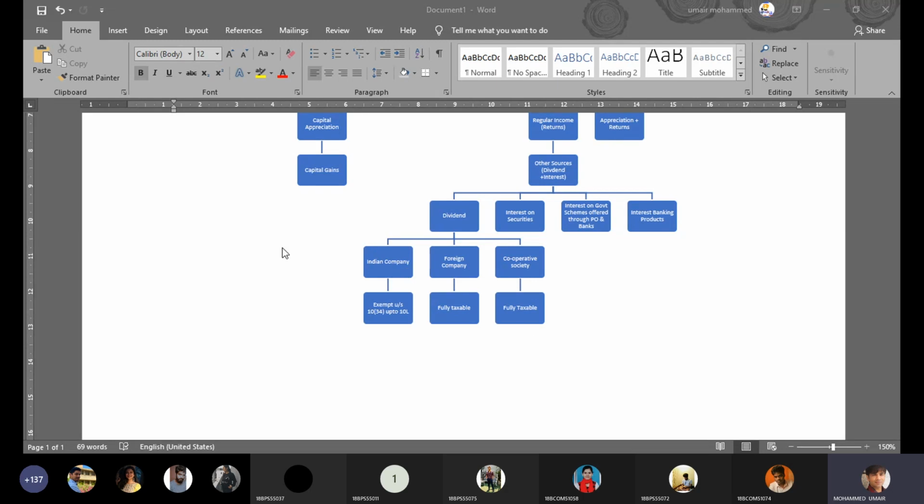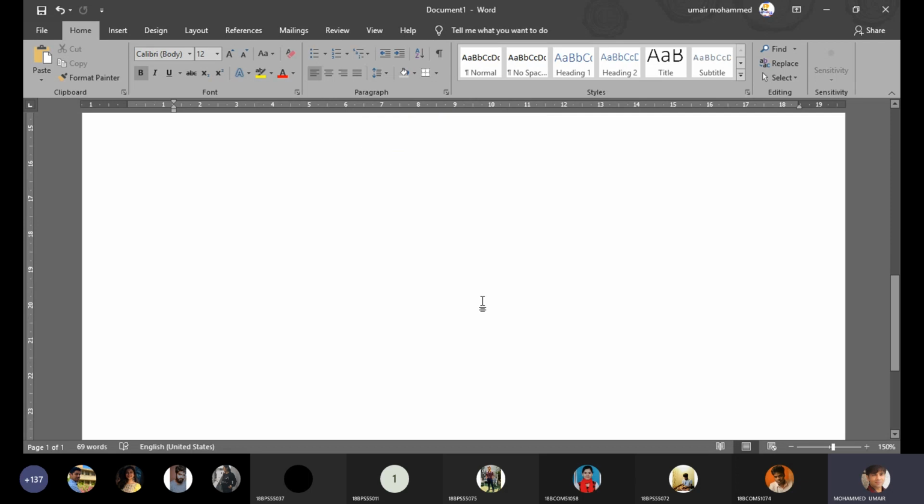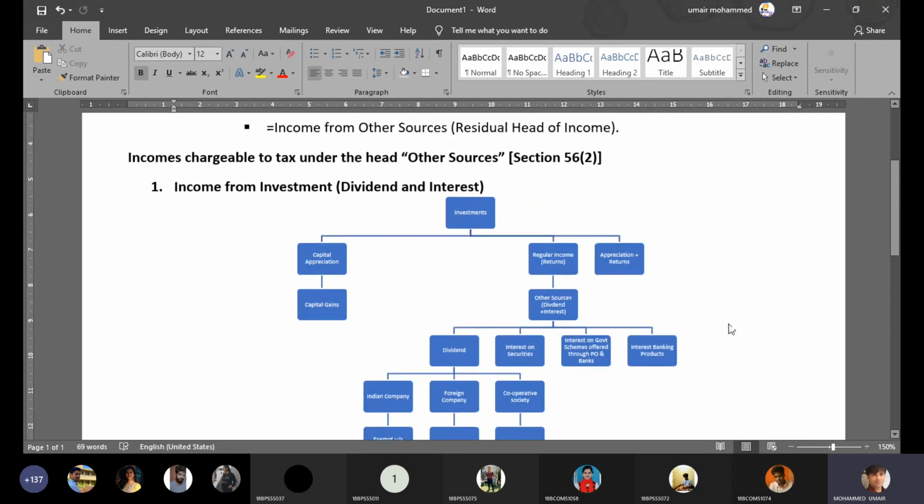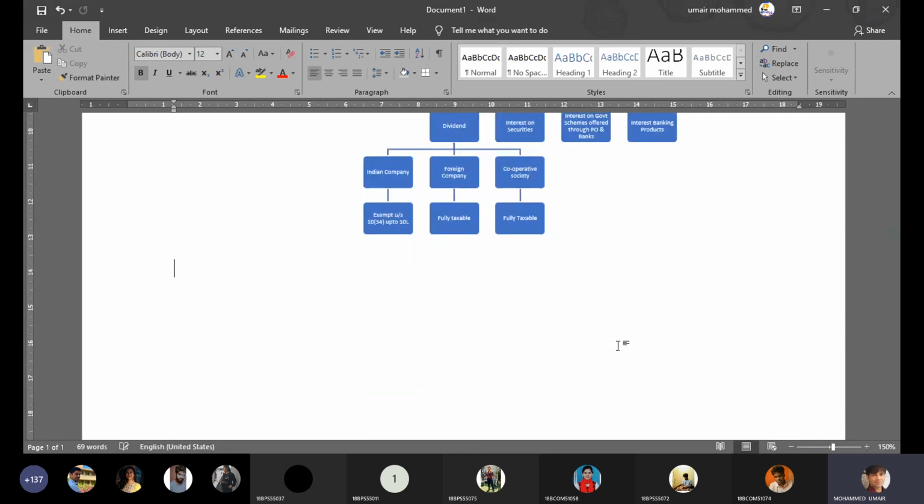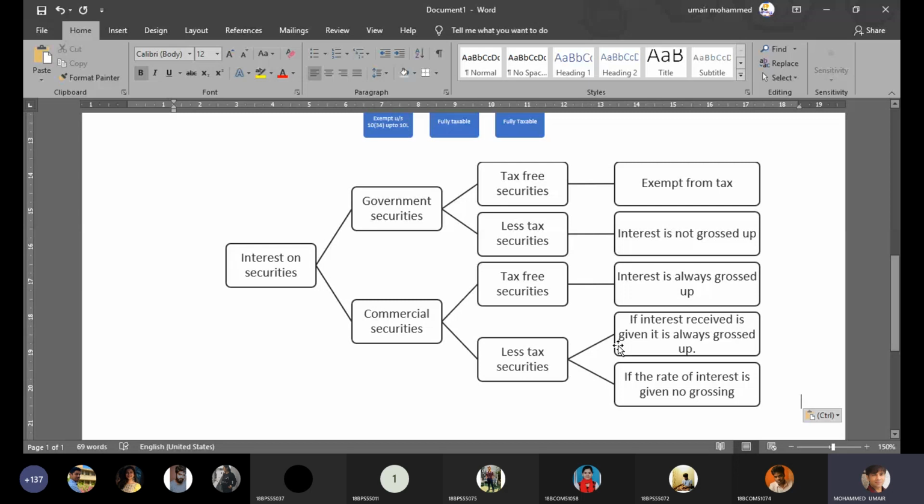This chart would give you an idea as to how we go about taxing interest on securities. You already have a big chart here, but this is the chart only applicable to interest on securities.